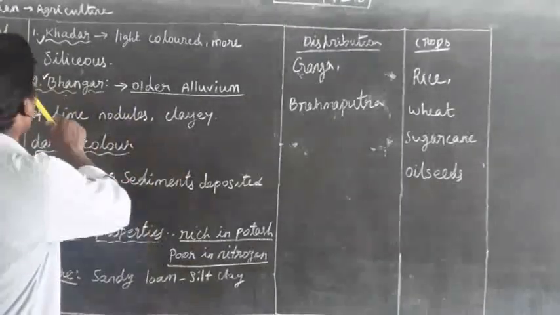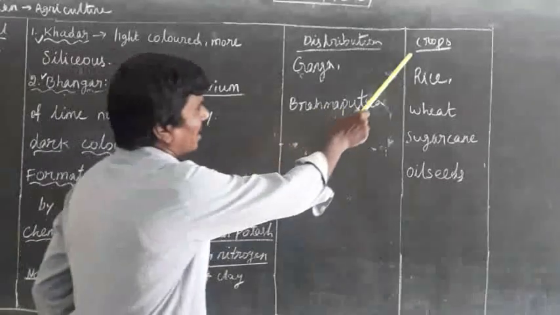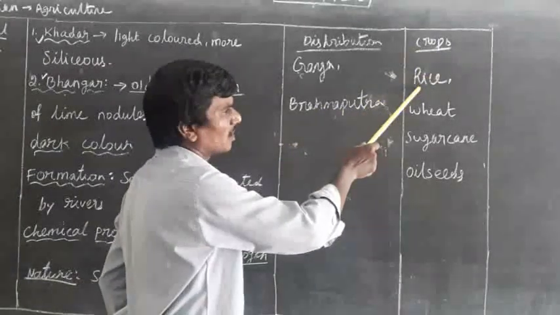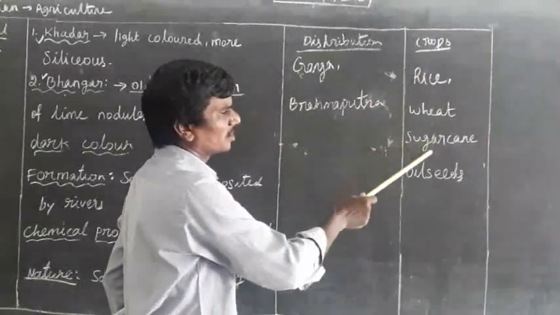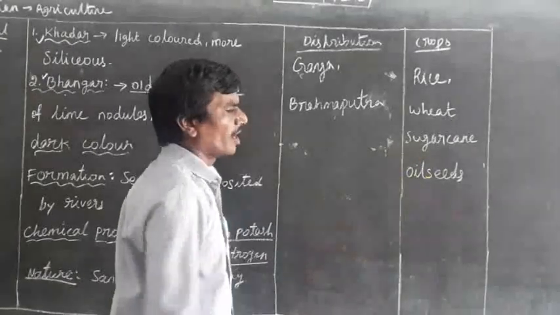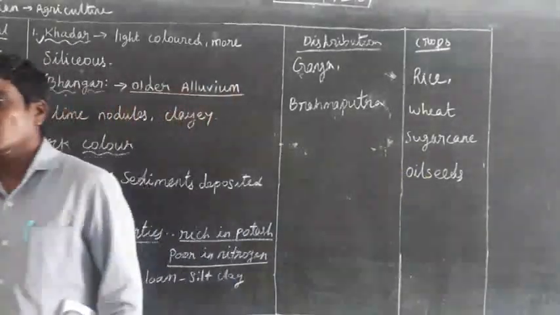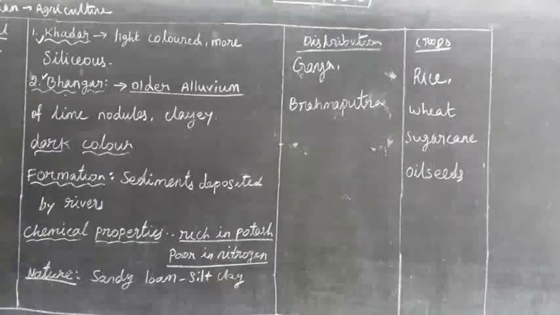The alluvial soil grows the major crops: rice, wheat, sugarcane, oil seeds. Paddy is mainly grown in these alluvial soils.